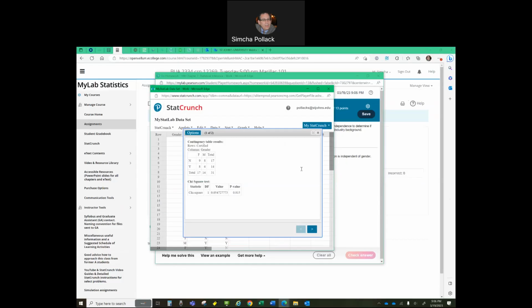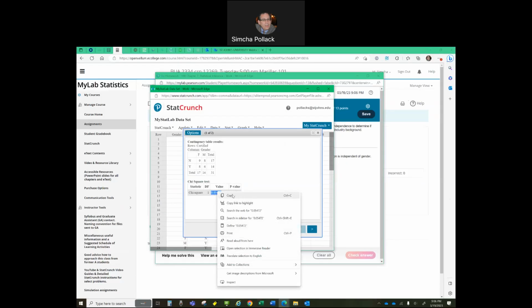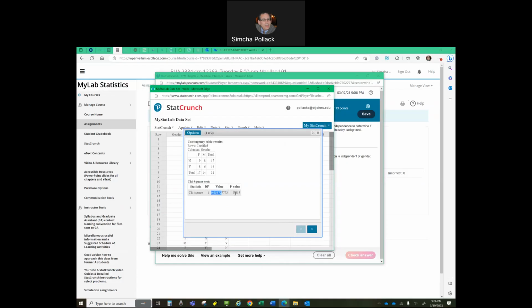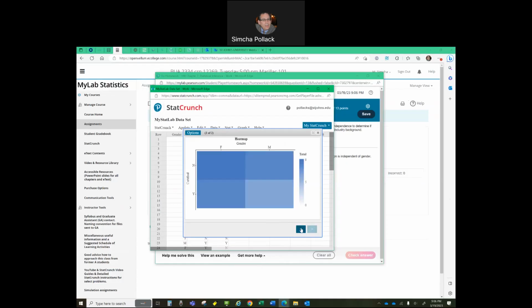You look at 9 out of 17, and this is 8 out of 14, etc. You look at those comparisons. But the bottom line is here are the main statistics. The actual chi-squared calculation is 0.547, so we can copy that. The p-value is 0.815. Let's just remember that. What else do we have here? Oh, this is just a graph.